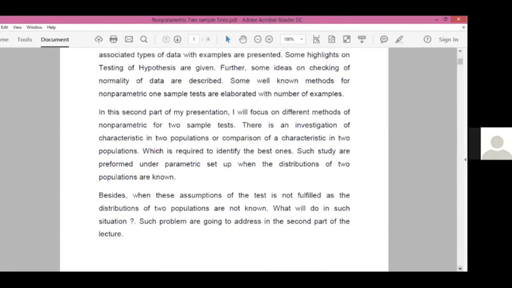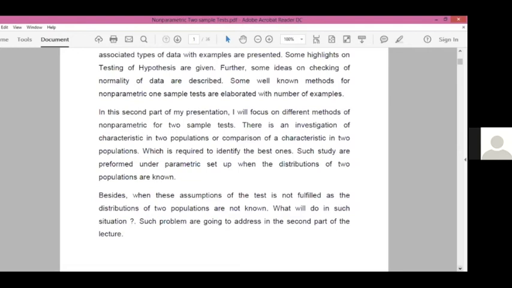In this second part of my presentation, I will focus on the different methods of non-parametric two-sample tests. There is an investigation of the characteristics of two populations, or comparison of the characteristics in two populations, which is required to identify the best one. Such studies are performed under the parametric setup when the distribution of the population is known.